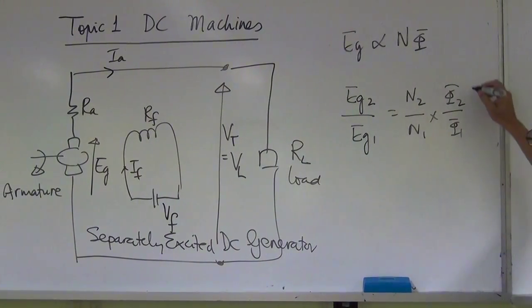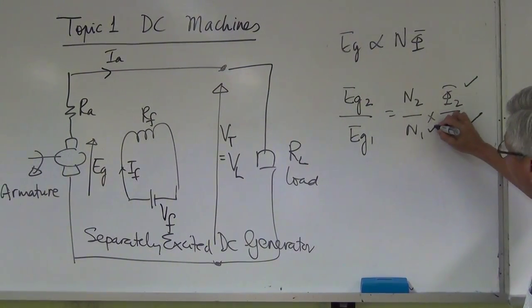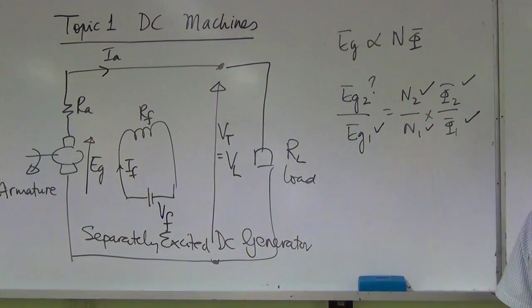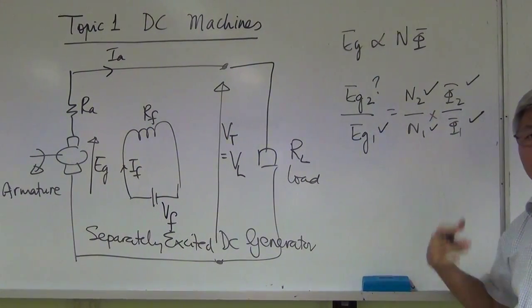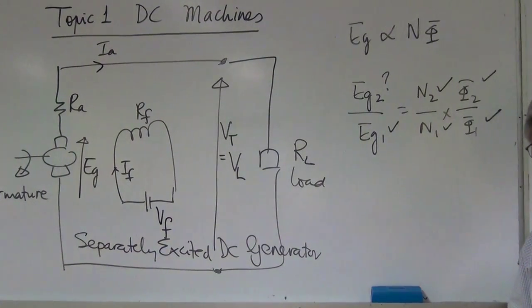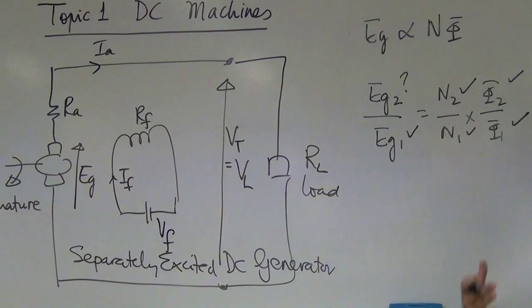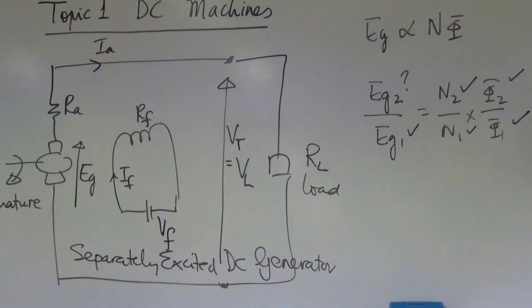So if you know flux 2, flux 1, N1, N2 and Eg1, you can find Eg2. A lot of the time when the question asks you to find the new Eg, where the generator is driven with a new speed or new magnetic flux, you use this equation.